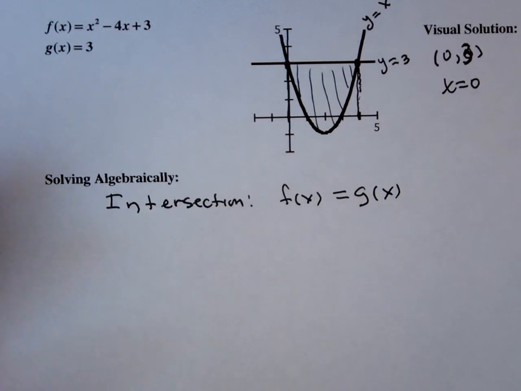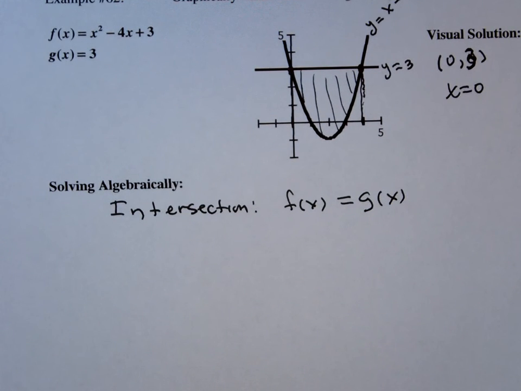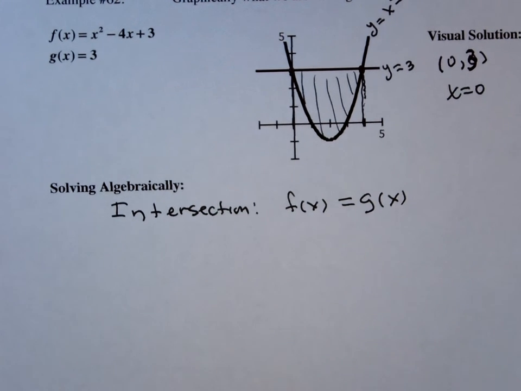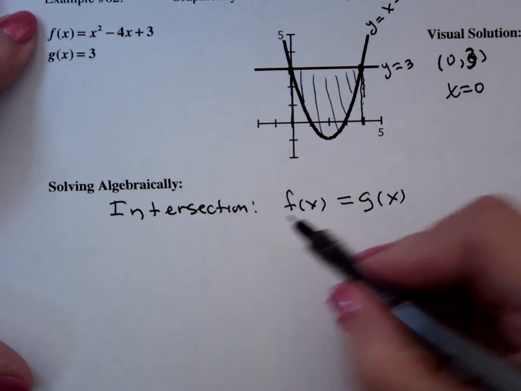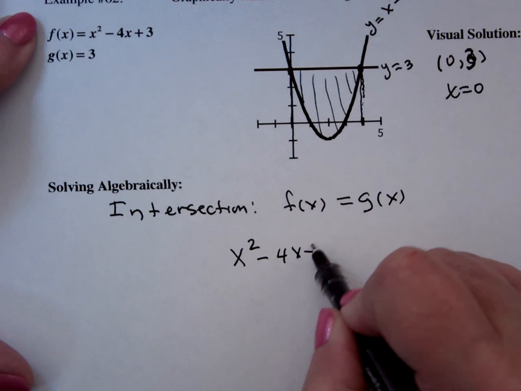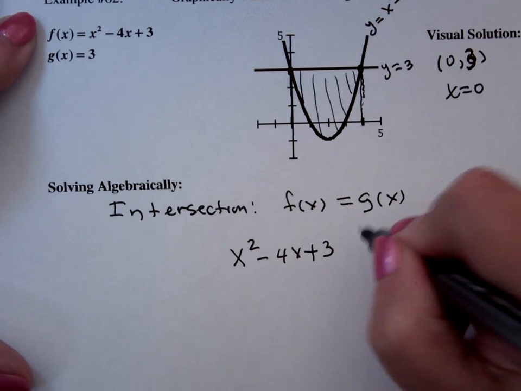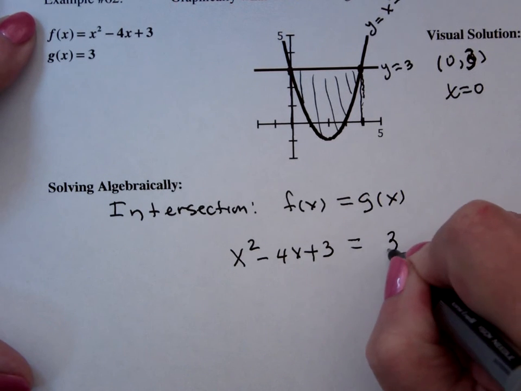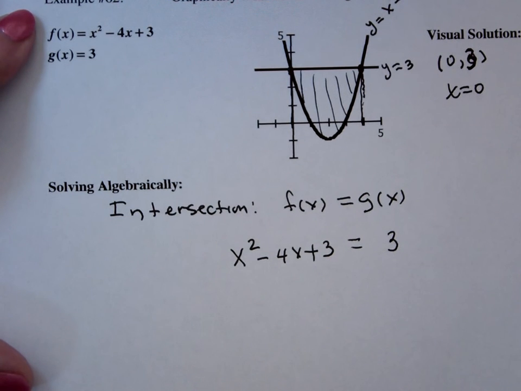In other words, that's where they have the shared coordinate points. It's where the two graphs cross. And if f of x equals g of x, that would say that x squared minus 4x plus 3, that's f of x, equals g of x, which equals 3. That now gives me an equation that I can solve.